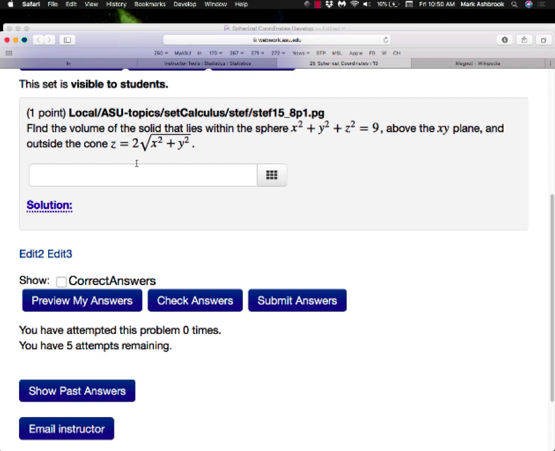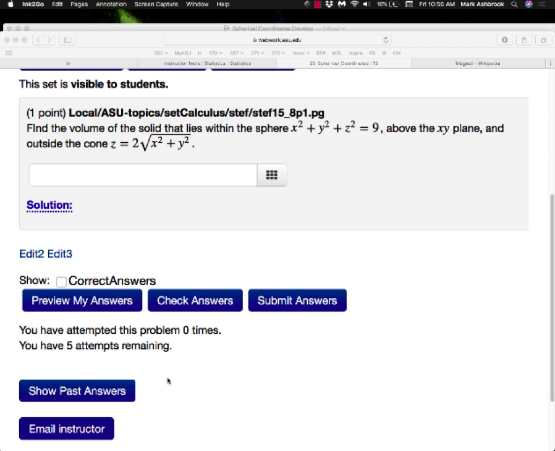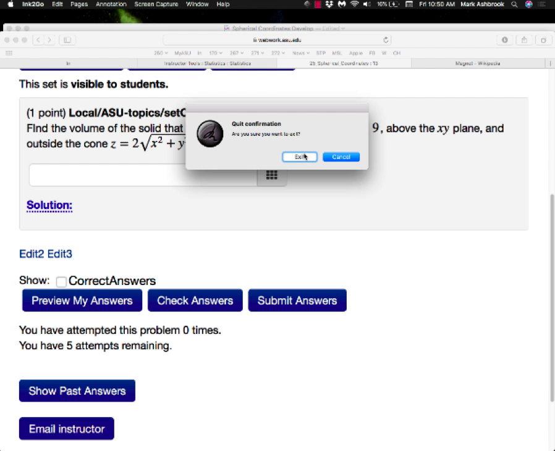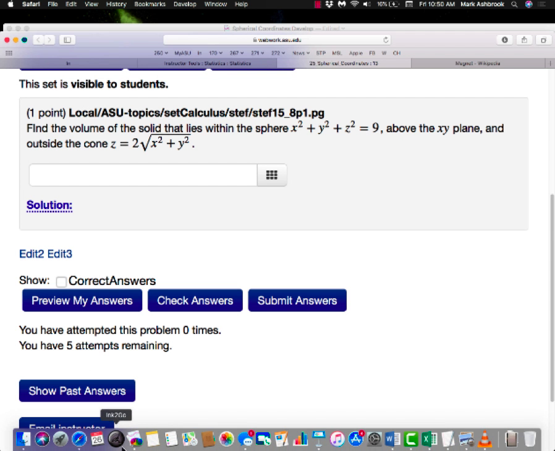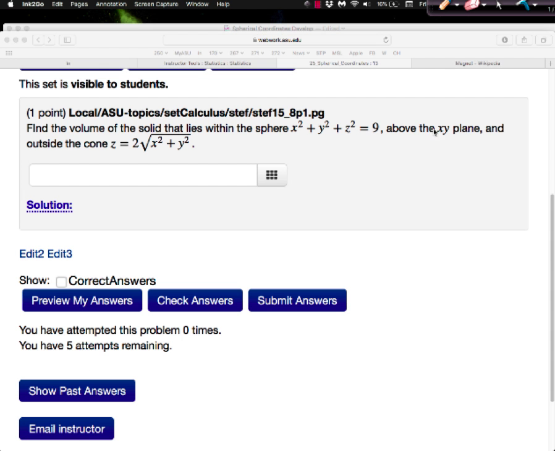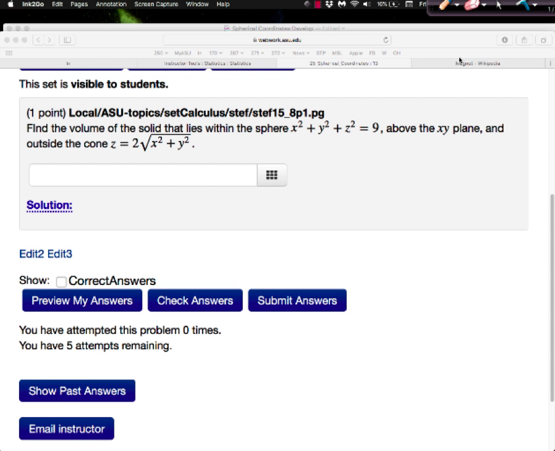So this one, the volume of the solid lies within the sphere and above the xy plane and outside the cone.